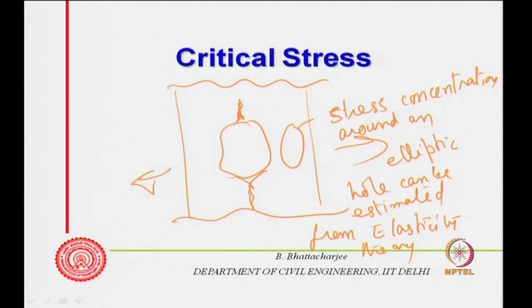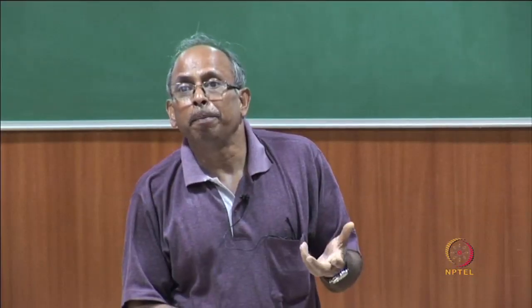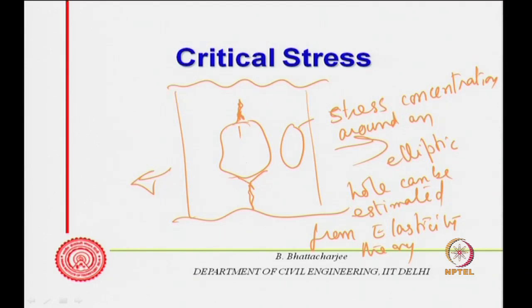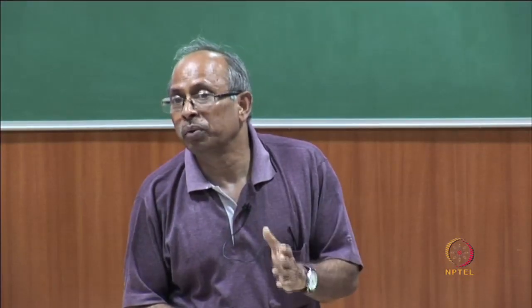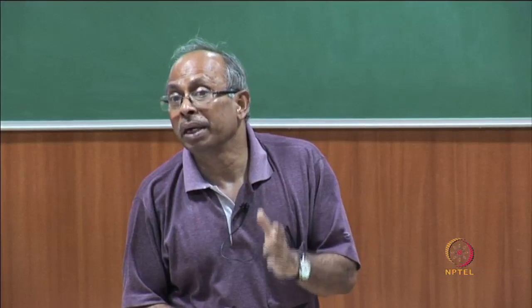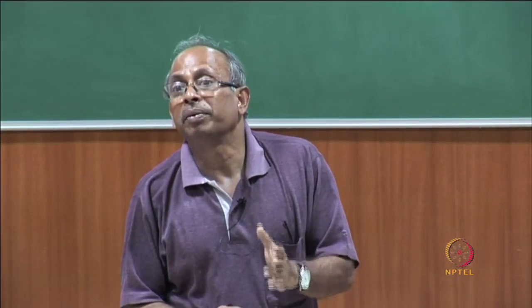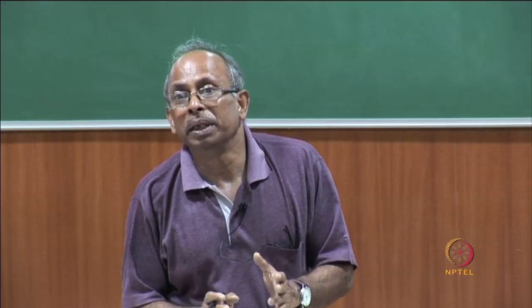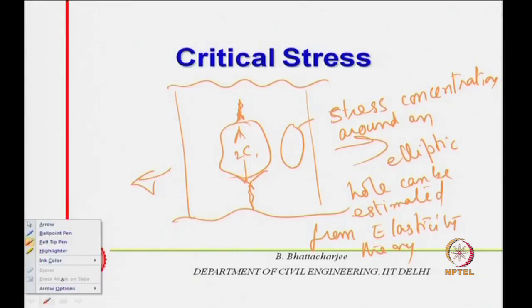Then the rate of strain energy change with the crack width, 2C, was determined. If you equate that rate of strain energy release, in the limiting case, to the rate of surface energy required, you can find out what is called the critical stress.